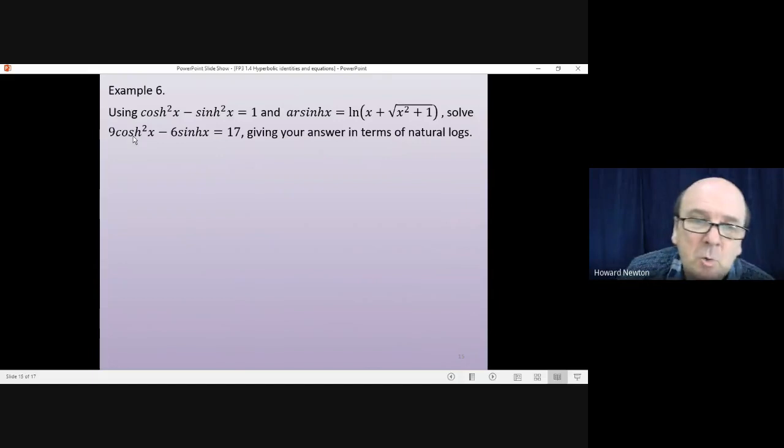We'll then get a quadratic equation in sinh x that does factorize. You'll get the two solutions and then use this to get the answer in terms of natural logs. Okay, I'll let you have a go at working your way through the whole thing.